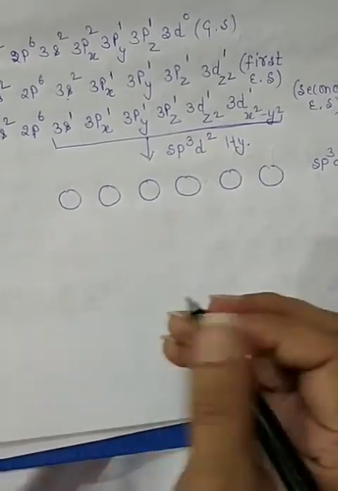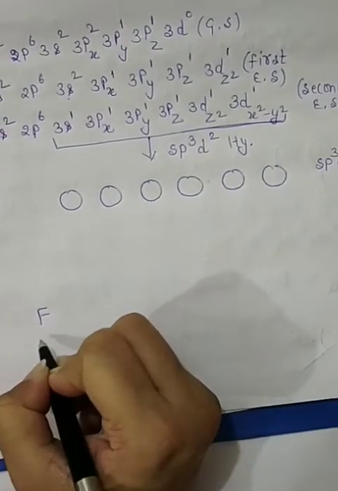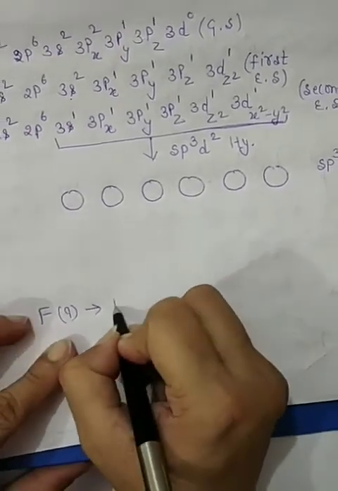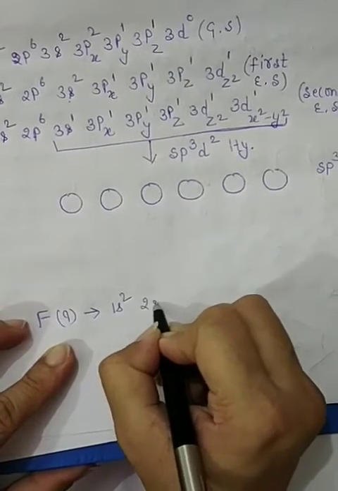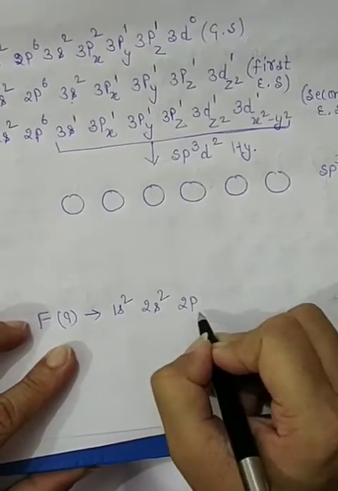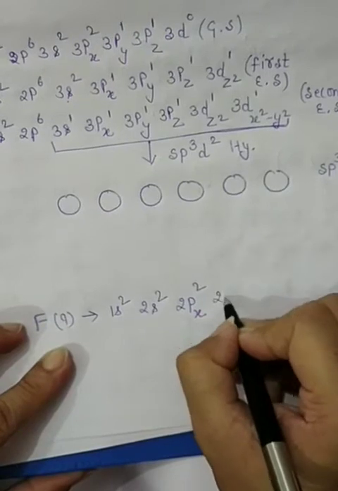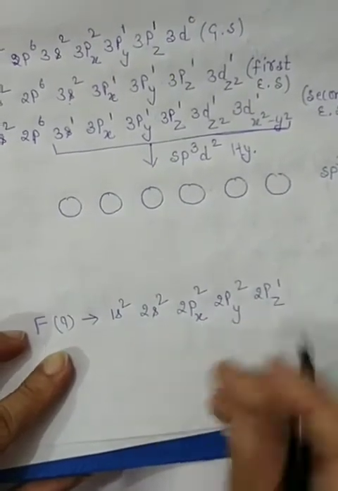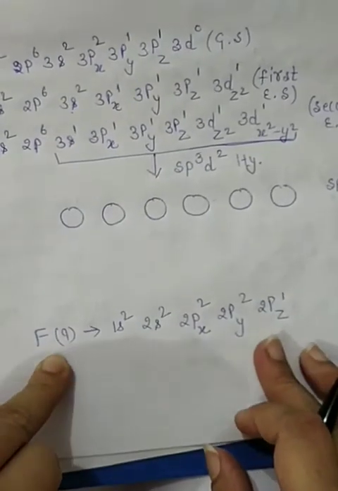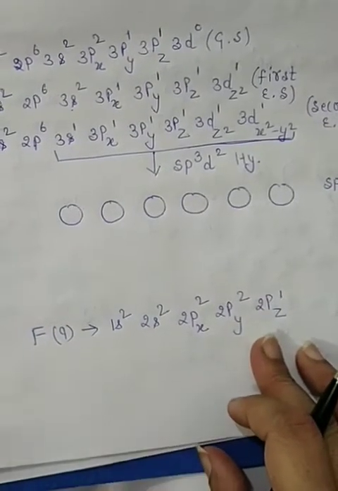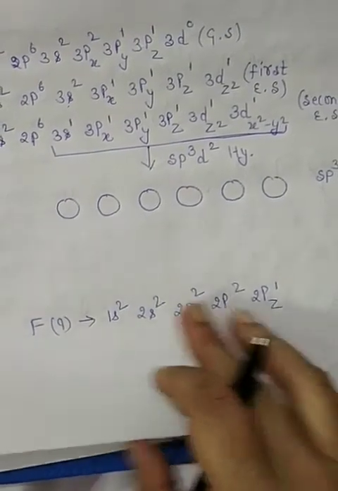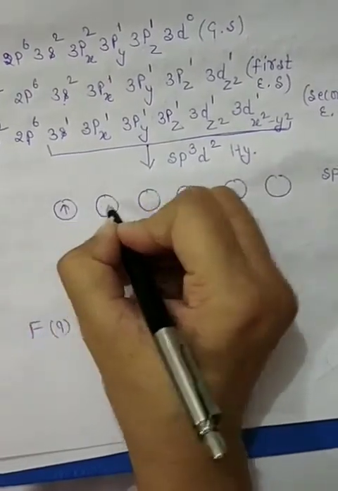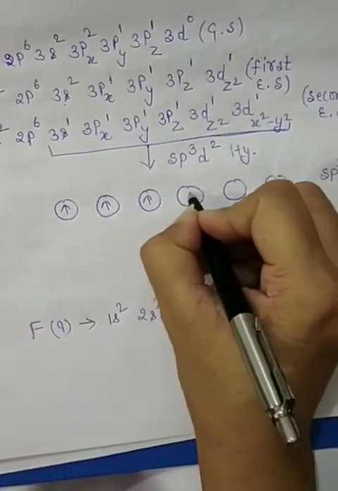Discuss fluorine, having atomic number 9 with electronic configuration 1s2, 2s2, 2px2, 2py2 and 2pz1. Here it has one half-filled atomic orbital which overlaps with the sp3d2 hybrid orbitals of sulfur. Each hybrid orbital has one electron.